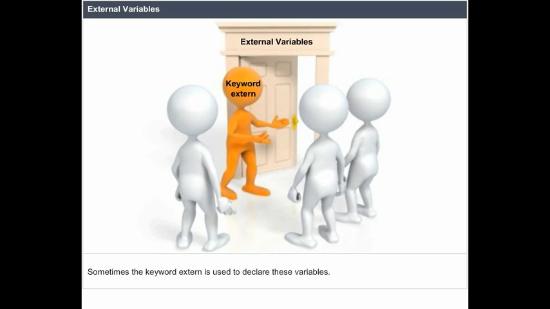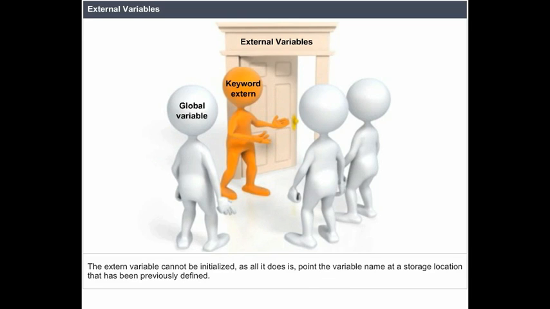Sometimes the keyword extern is used to declare these variables. Extern is used to give a reference of a global variable that is visible to all the program files. It is visible only from the point of declaration to the end of the program. The extern variable cannot be initialized, as all it does is point the variable name at a storage location that has been previously defined.